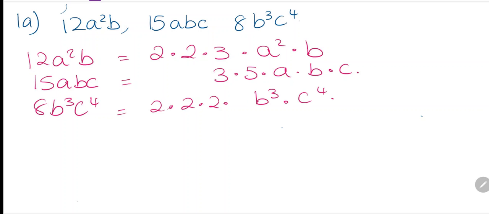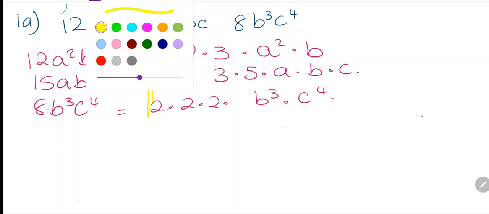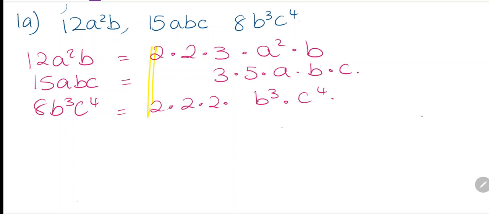So first of all, let's have a look. The highest in the first column is going to be a 2. So far we have a 2. We look at the second column, the highest we've got is a 2.